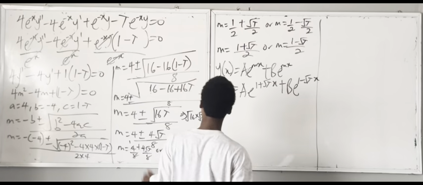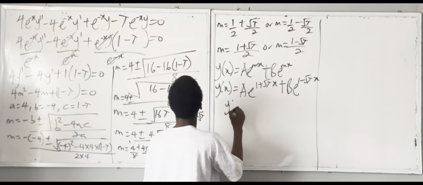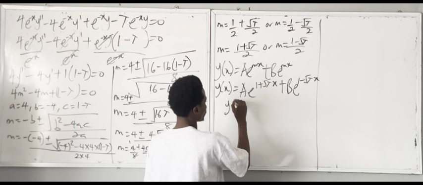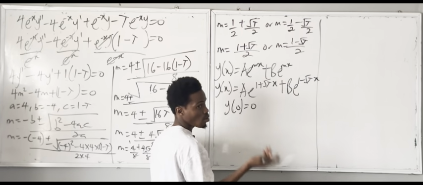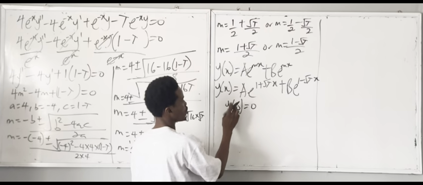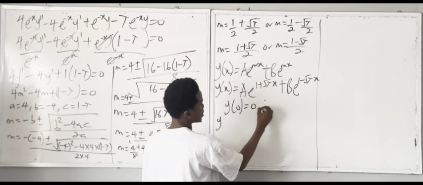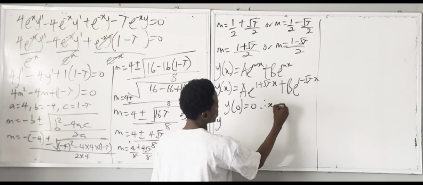But we have the boundary problem where y of 0 is equal to 0. So we are going to test this, and y of 1 is equal to 0. So y of 0 means x is equal to 0.